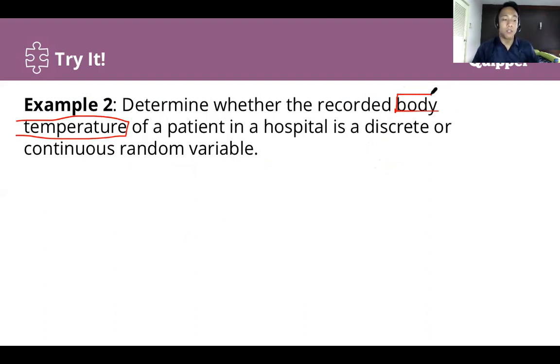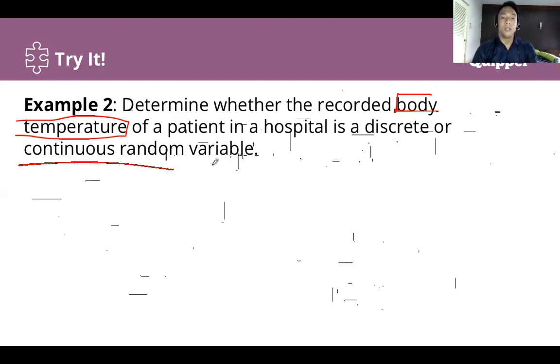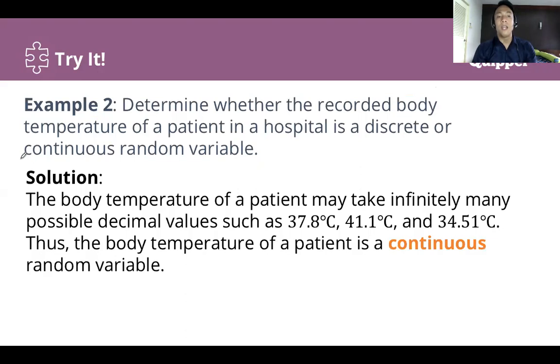Have you tried to makuha ng body temperature? Of course, ngayong quarantine, you need to do the temperature test. So body temperature, this is continuous. Why is it continuous? We will explain here.